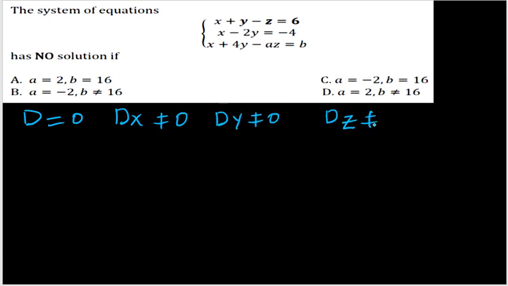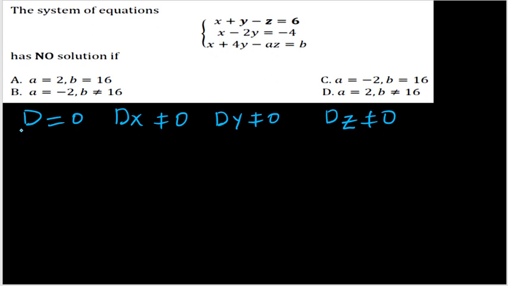First of all, for a given system of linear equations to have no solution, according to Cramer's rule, the d must be 0, but dx should be different from 0, and dy also non-zero, and dz also has to be different from 0. So this is the case. First of all, let us find the d, which is equal to 0. Let's make the d 0.